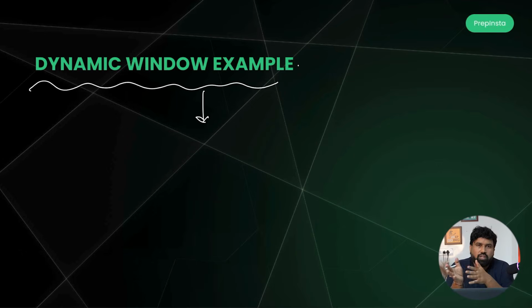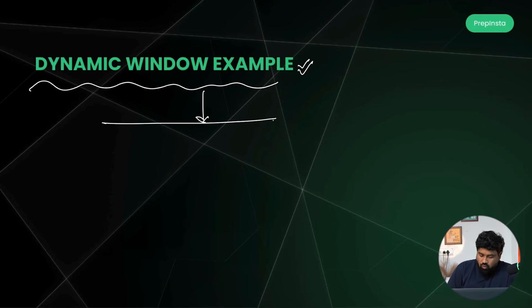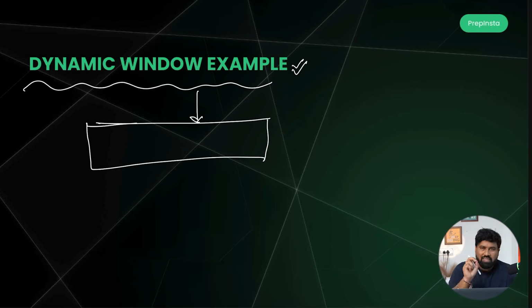In the next video of LeetCode problems, I will explain the dynamic example with an individual problem. Here you can observe that the dynamic window is a little bit important, and you need to use it for advanced DSA questions. So I don't want to complete the entire concept in a single video.